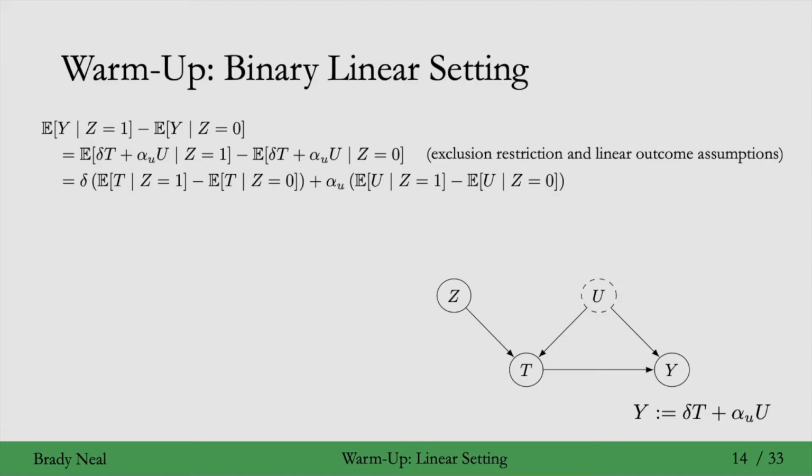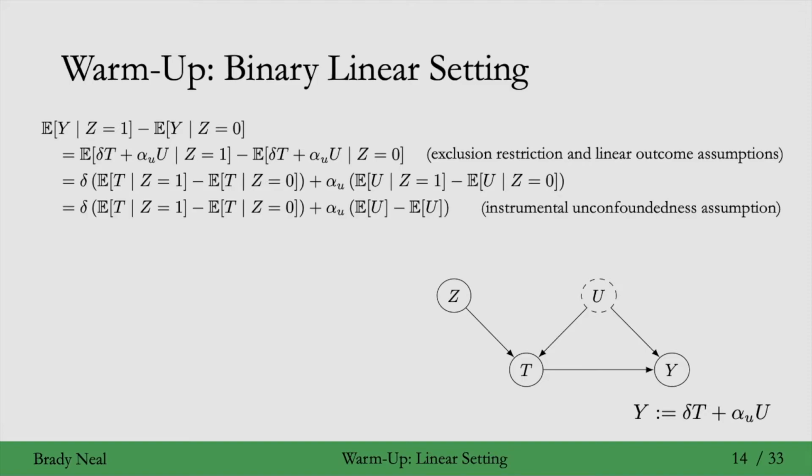Then in these conditional expectations for u, we can get rid of z because u and z are independent due to the instrumental unconfoundedness assumption. You can see this independence in the causal graph in the bottom right here as u to t to z, that path is blocked by the collider t, and similarly any other path, so the other path from u to z would be u to y to t to z, is blocked by the collider y.